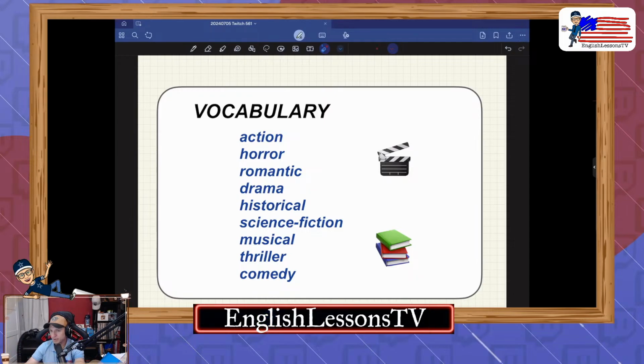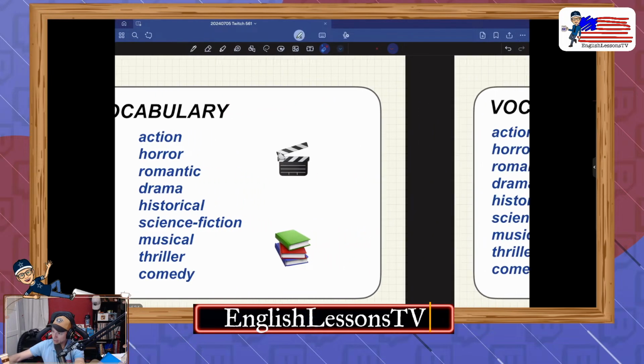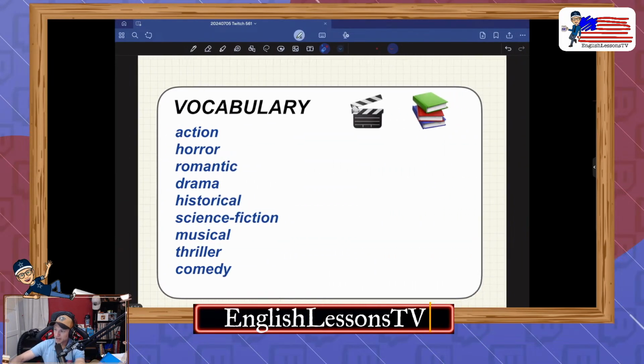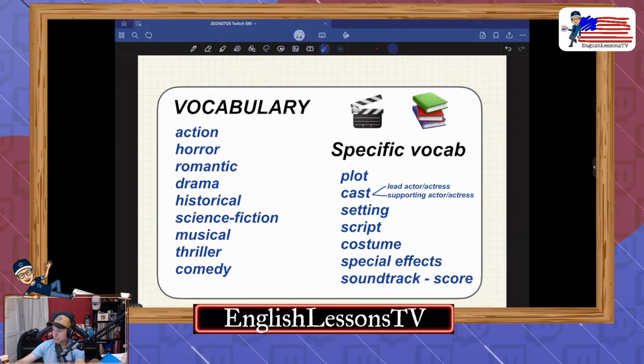Very important that you are able to identify the genre of the product that you're going to be talking about. Then, once this is done, another thing that you need to understand very, very well is the vocabulary that is going to describe our opinion about these.